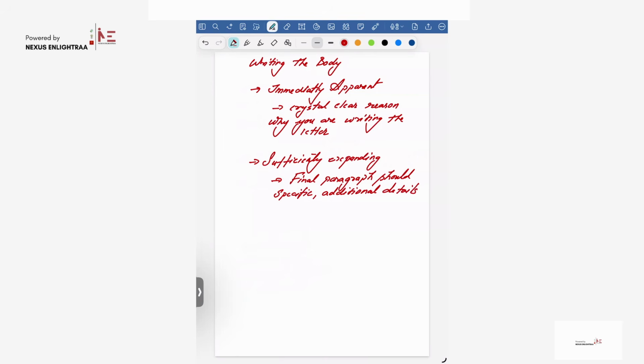Additional details about why you are writing the letter and what exactly you need. Why? Let's say why you are writing, and what you need from the reader.